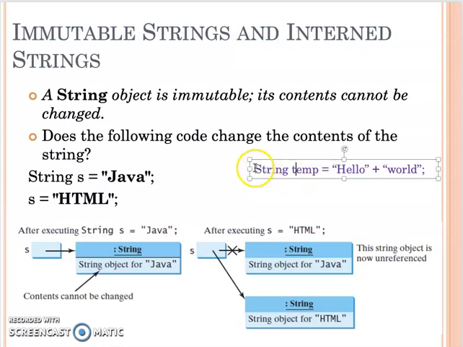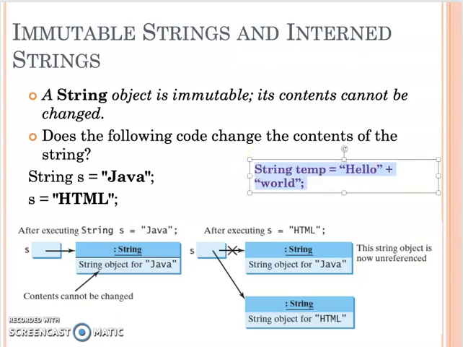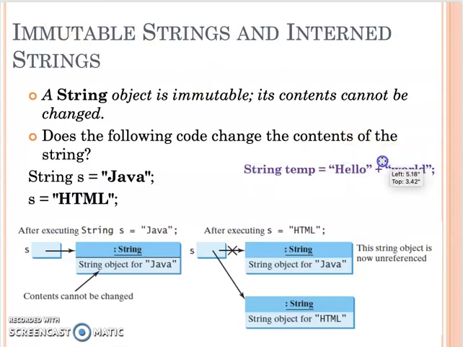Do you know in this statement how many string objects there are? Think about that. Actually, in this one statement, we have a total of 3 strings. The first, hello, is an object. World is an object.